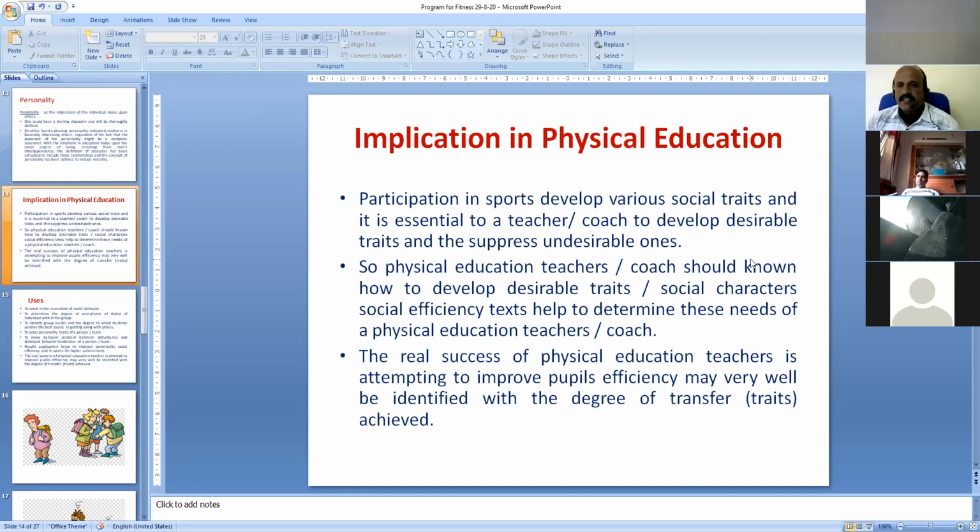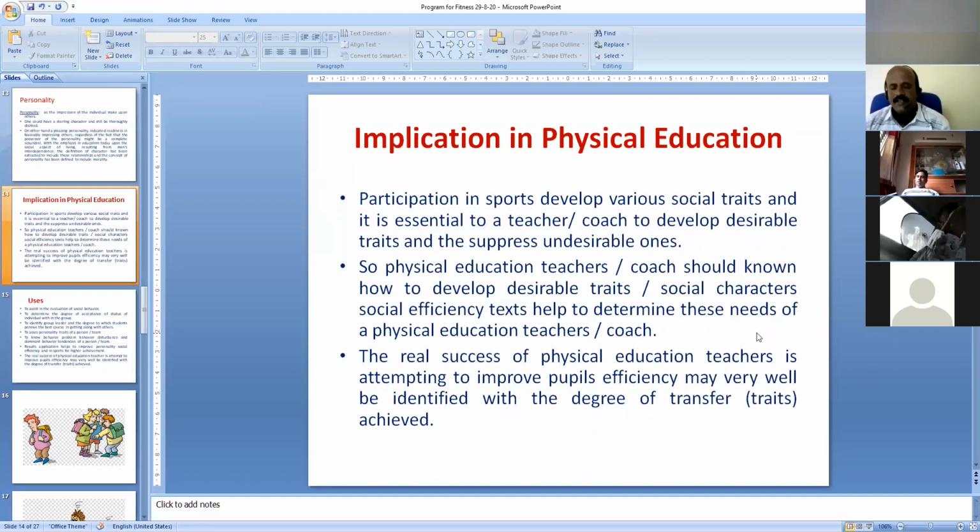So physical education teachers and coaches should know how to develop desirable traits or social characteristics. Social efficiency tests may help to determine these needs of physical education teachers or coaches. So what are the desirable qualities for a sports person?